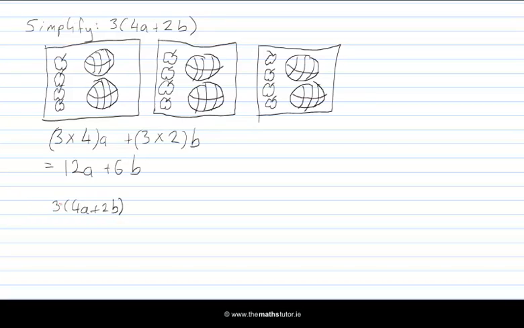Normally the way you would see people answer this question is you would have a line joining 3 and the 4a like that, and another one joining the 3 and the 2b, just signifying that there's a multiplication operation going on between the 3 and the 4a, and another multiplication going between the 3 and the 2b. So you get the 3 times 4a and 3 times 2b, which is 12a plus 6b.